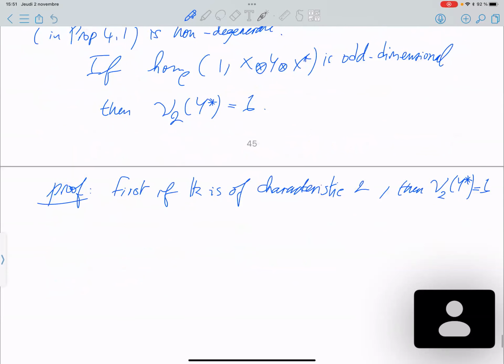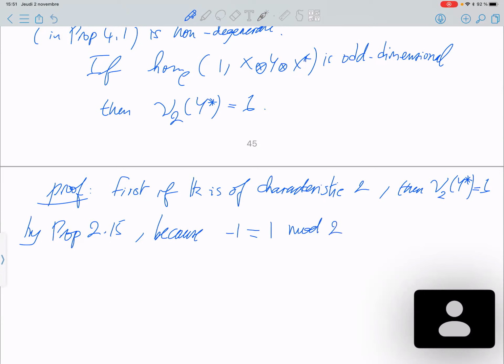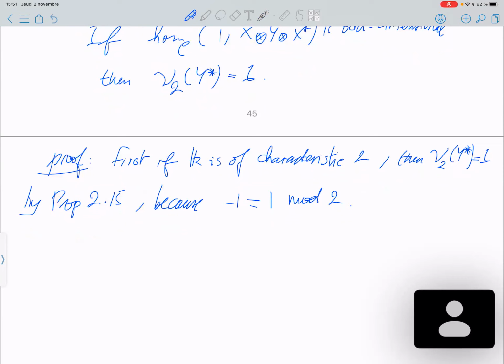So by proposition 2.15, remember, the indicator can be plus or minus 1, but in characteristic 2, minus 1 equals plus 1, because minus 1 equals 1 modulo 2. So that's obvious in this case.